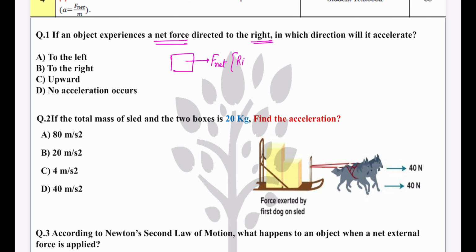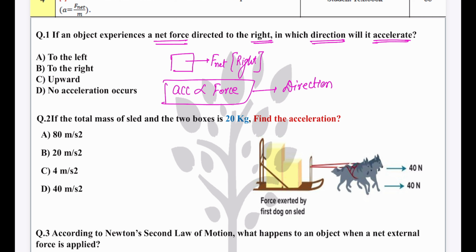Right side. What is the direction of acceleration? Same direction. As we know, acceleration is directly proportional to the force, so the direction is also the same. So it should be the right side. Fine? Okay.